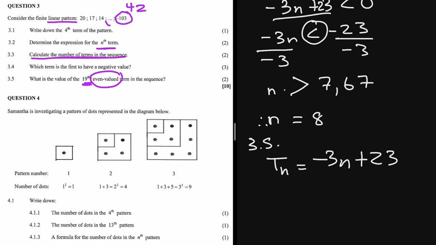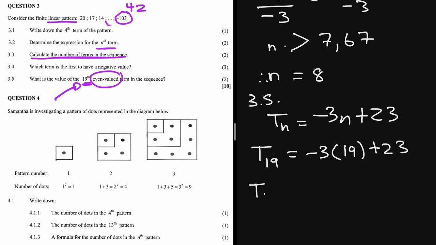Yes. So now we have the position of term number 19, and we want to determine the value of term number 19. So we are looking for the term in position number 19. What will be the value of that term? We substitute 19 where we see n, and solve for the value of term 19.